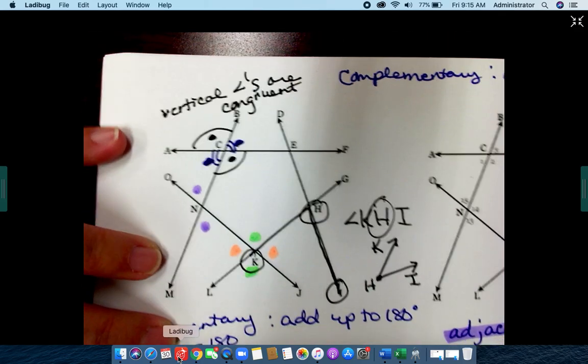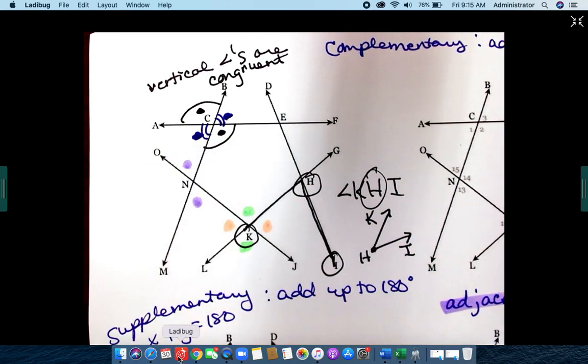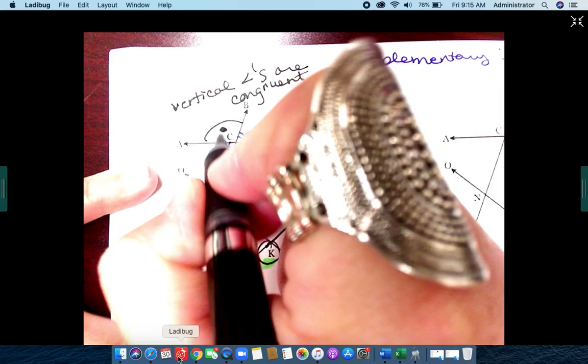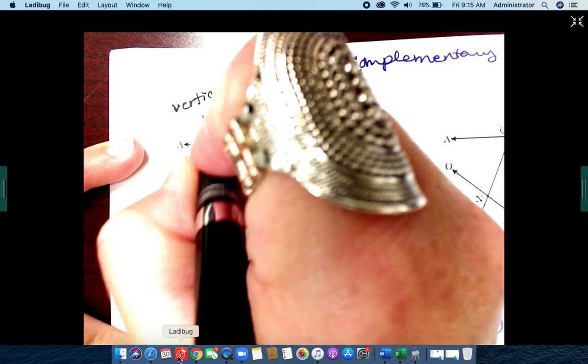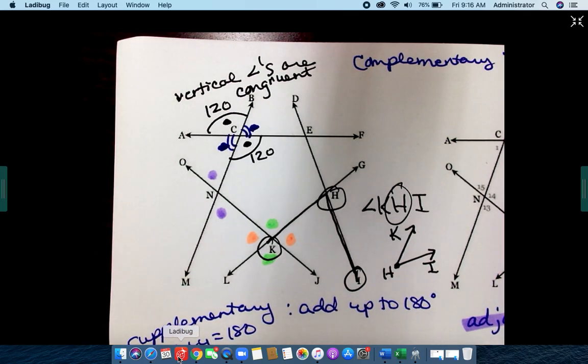The theorems from yesterday's lesson dealt with the measures of the angle. Either certain sets of angles were supplementary, meaning they add up to 180, or certain sets of angles were congruent, meaning they were equal in measure. So in other words, if I tell you that this angle measure is 120 degrees, then we know this one is also 120.